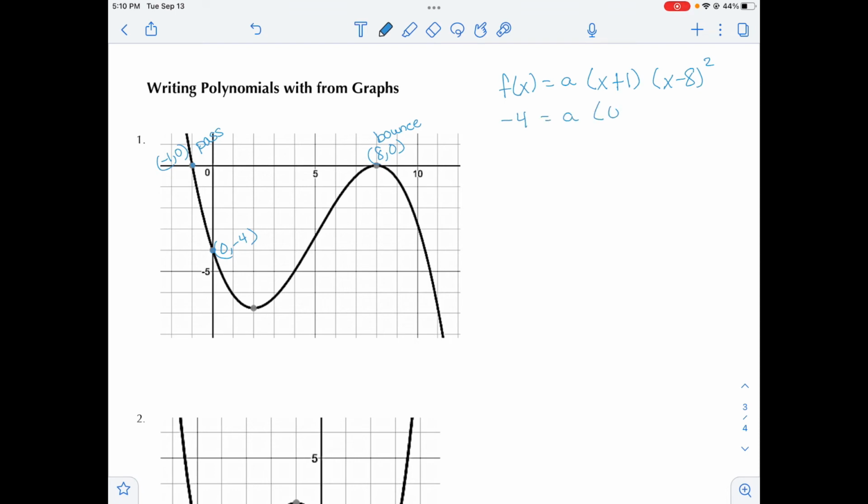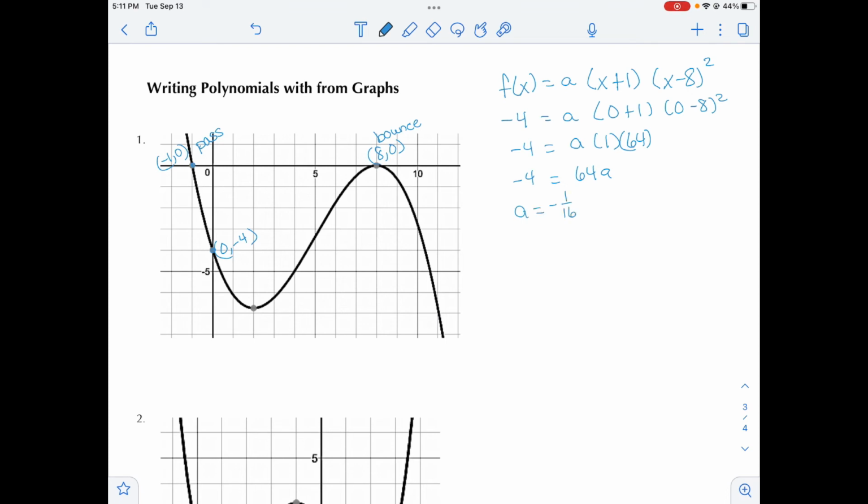We're plugging in 0 for x. Everywhere that we see x, we're plugging in a 0. So we end up with a, obviously just 1 there, and then a -8 squared is going to give me 64 equals -4. So when I combine that, I get 64a equals -4, and then when I divide by 64, I end up with a is -1/16.